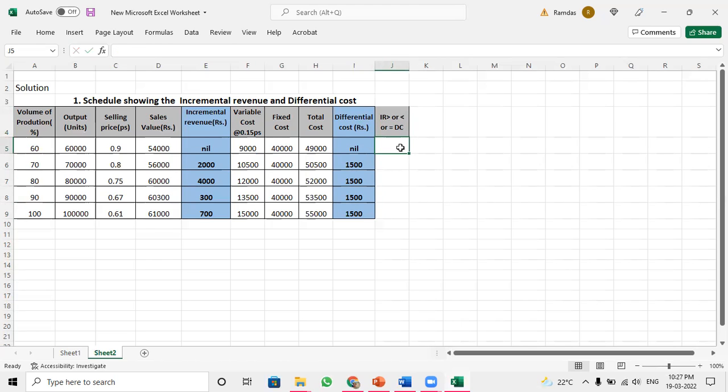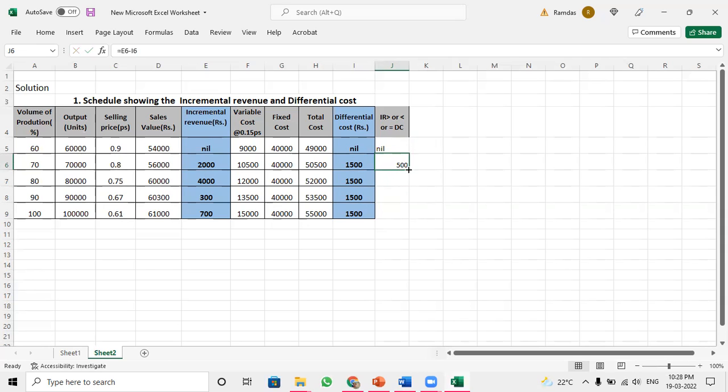This column is only for your understanding and is not needed when you are preparing the schedule of changes. So the first level is going to be nil. For the second level of activity, we are finding out IR, incremental revenue, minus the differential cost.